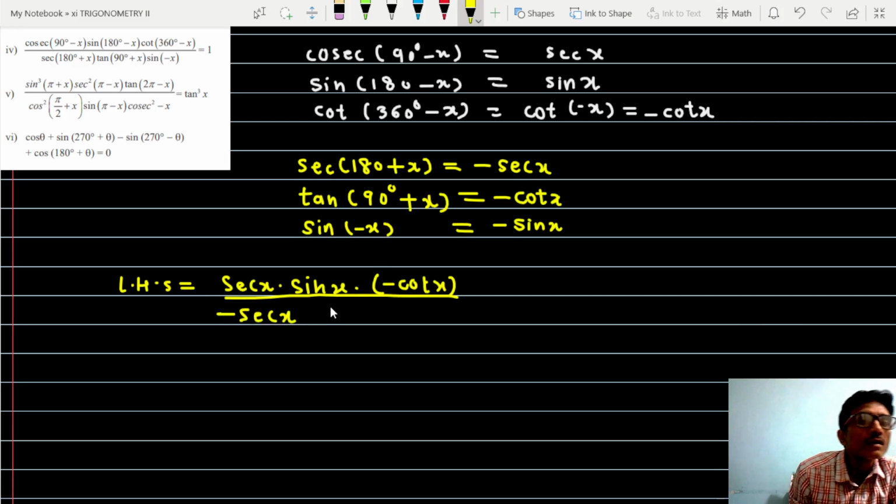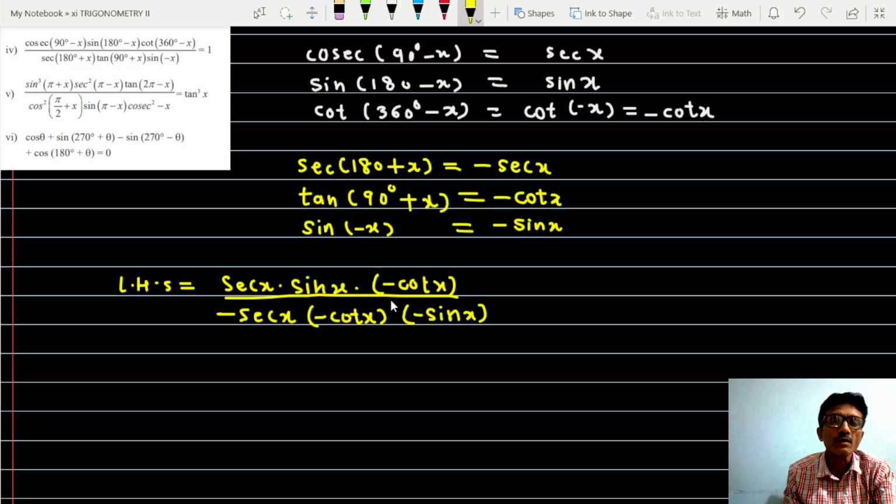Tan of 90 plus x is minus cot x, and sin of minus x is what? Minus sin x. So here minus cot x and minus cot x cancel, sec x and sec x cancel, sin x and sin x cancel, negative negative sign will be plus sign. It gives us plus 1, which is the right hand side, RHS. Okay.